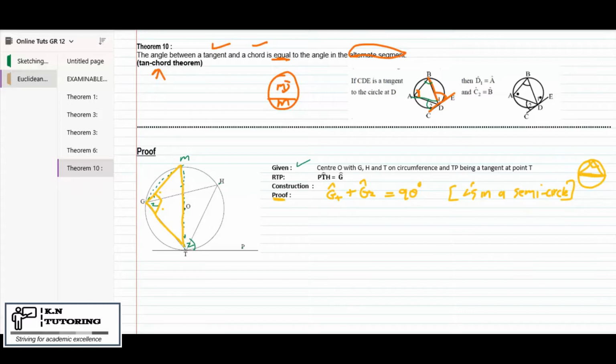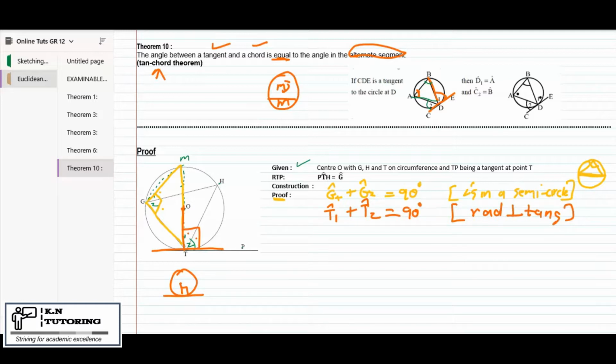Another theorem that we need to apply here is that if you've got a center and a line that is perpendicular to the tangent, then this angle is 90 degrees. The theorem says a tangent is perpendicular to the radius. So T1 plus T2 is equal to 90 degrees. The reason: radius is perpendicular to tangent. How do we know that this is a radius?